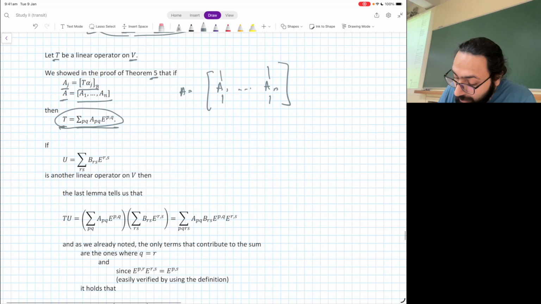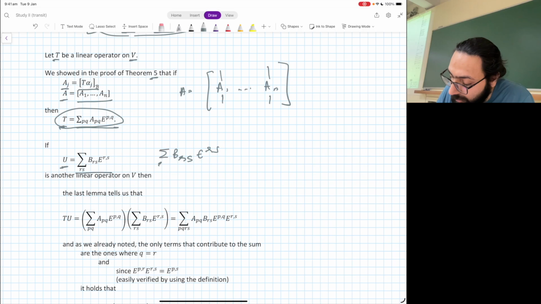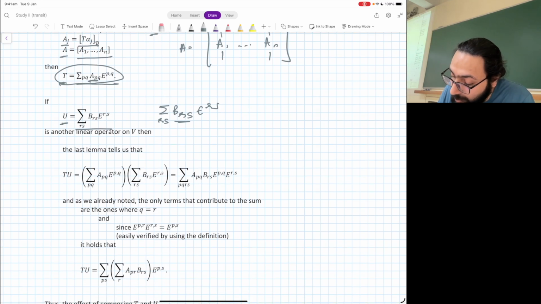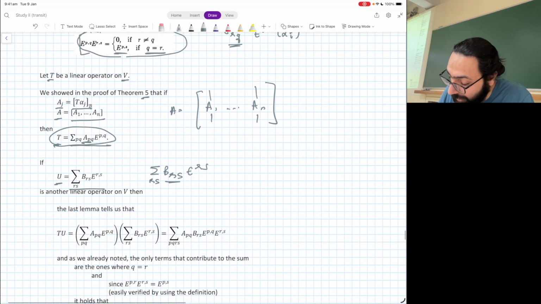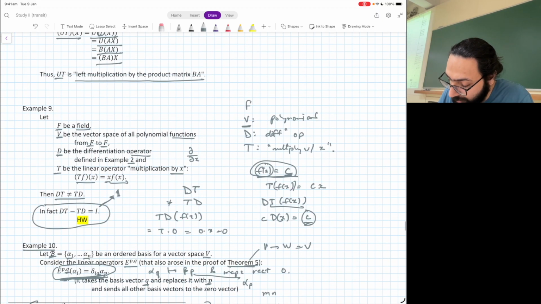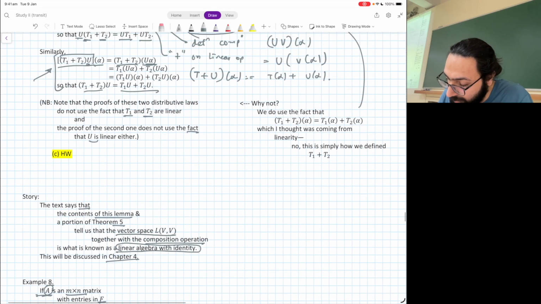Now, if U was this object, so if it was BRS, ERS, some other linear combination other than A, then by the last lemma, what lemma did we use from?